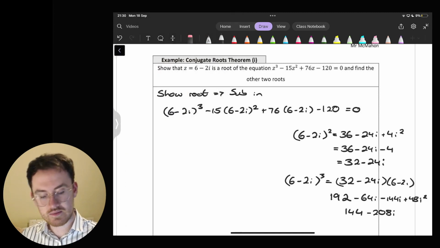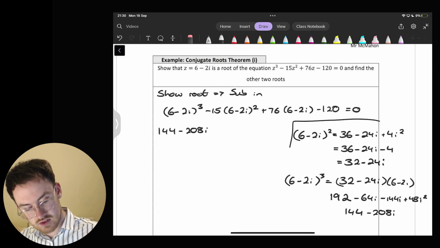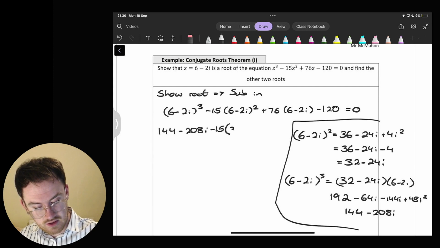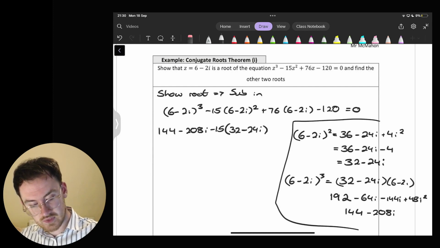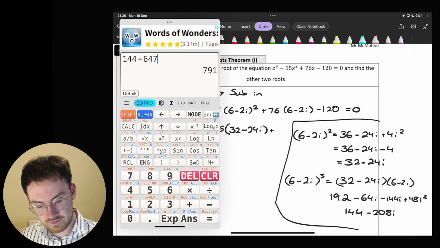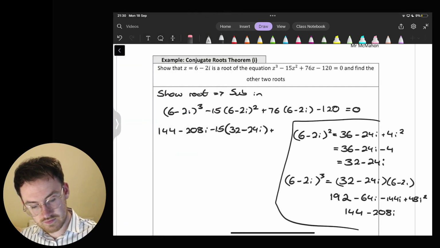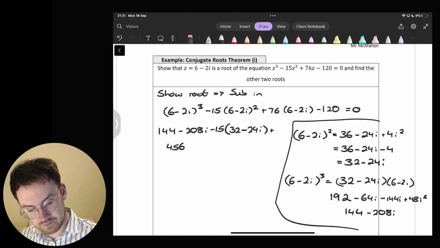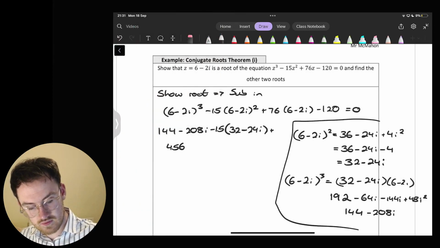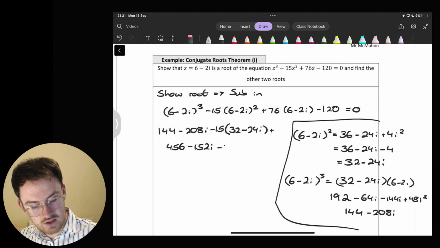Okay, so let's sub all these bits in and see if that works out for us. 144 minus 208i, minus 15 by 32 minus 24i, plus, let's multiply out this part, 76 times 6, 456, 76 times 2, minus 152i, minus 120.